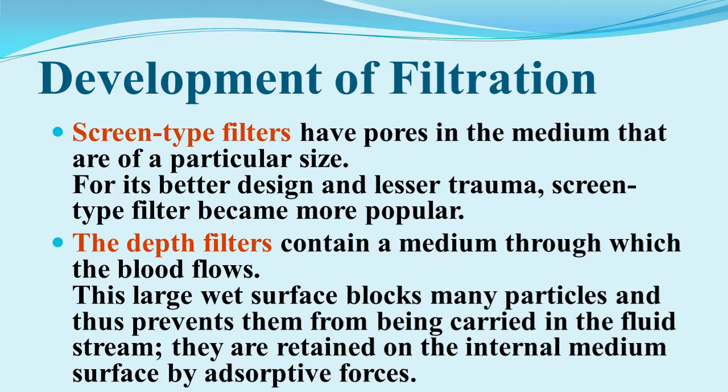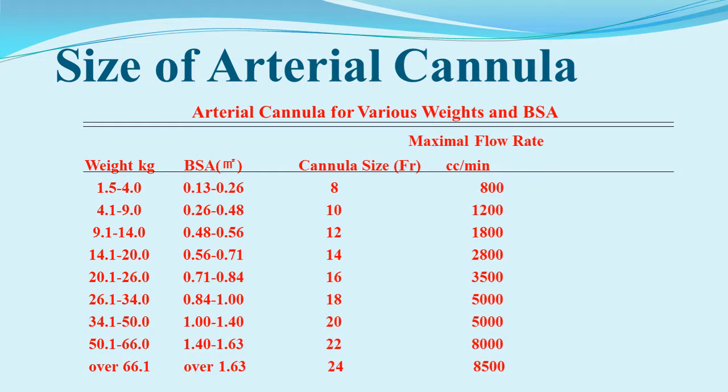A depth filter contains a medium through which the blood flows. This is a large wet surface that blocks any particles, thus preventing them from being carried in the fluid stream, and they are retained on the internal medium surface.